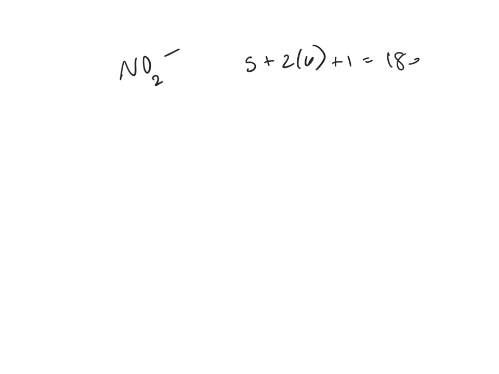This is an 18 electron system. And when you draw the Lewis structure, you're going to put the negative charge, that extra electron, around the central atom, nitrogen in this case. So it's 1, 2, 3, 4, 5 for nitrogen. And one more, which is the electron in question.